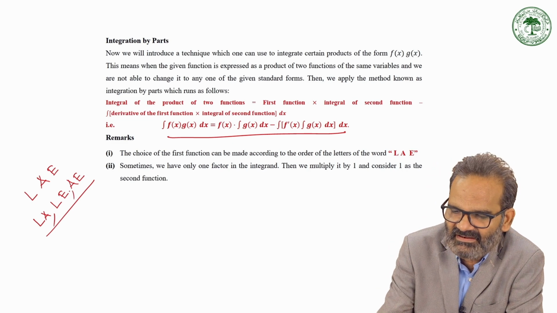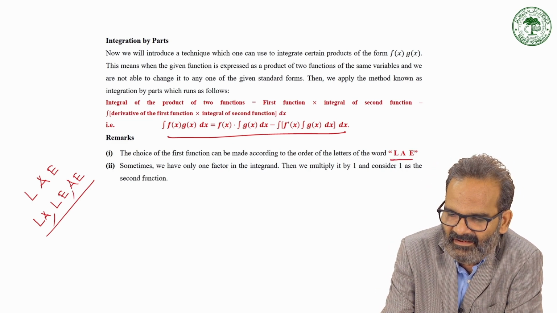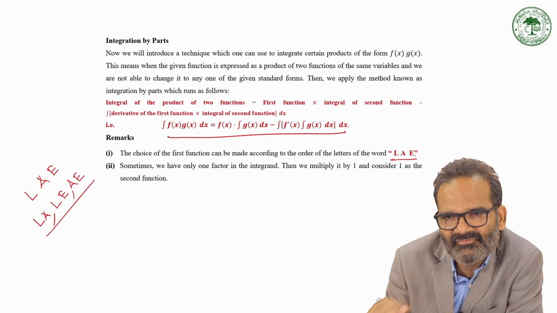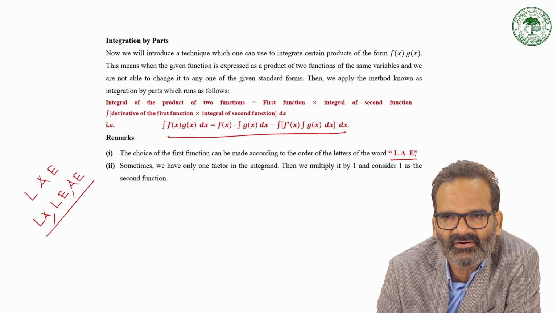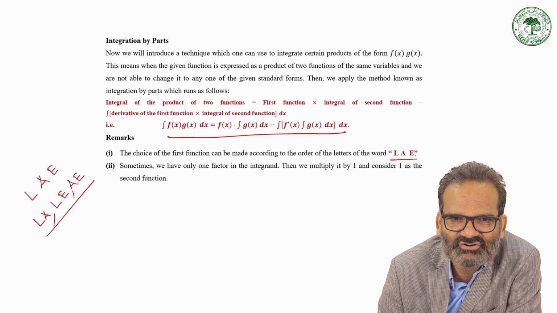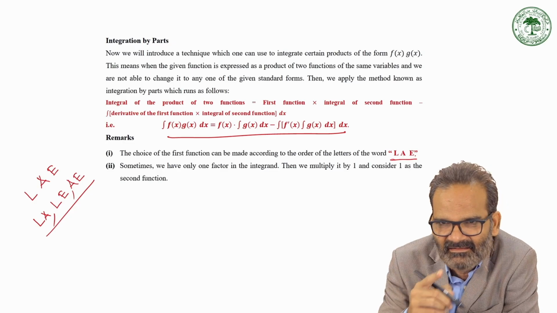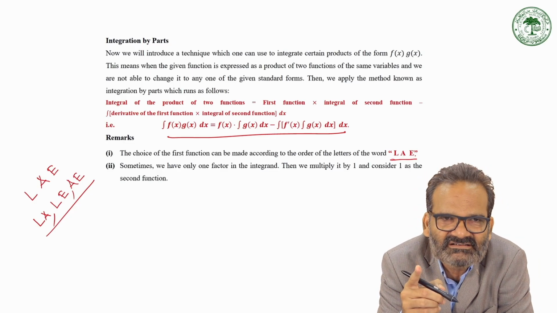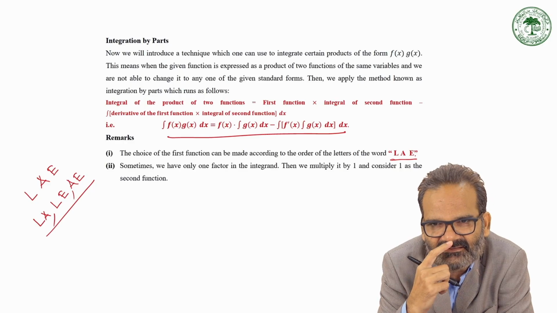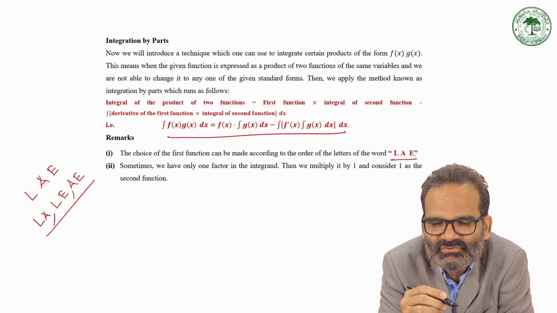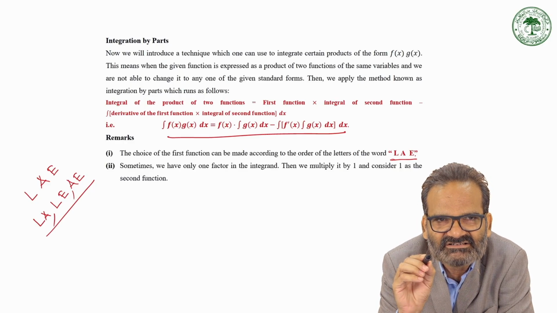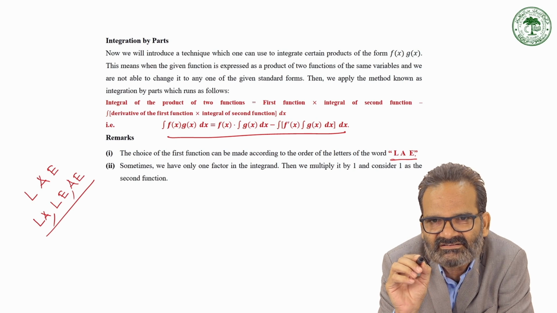The convention is written here: L for logarithmic, A for algebraic and E for exponential. The choice of the first function can be made according to the order of the letters of the word LAE. What does it mean? We should use the same order in which these letters are written for the selection of first and second function.